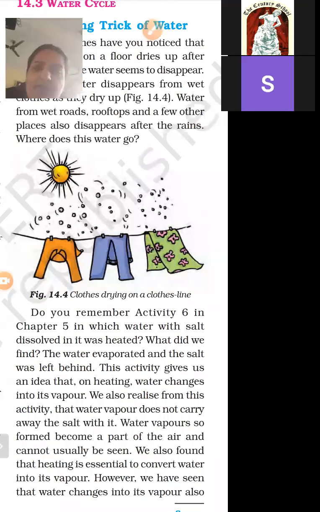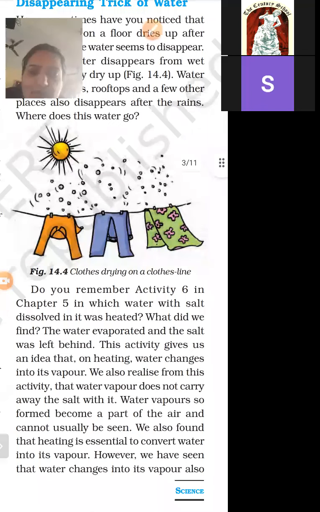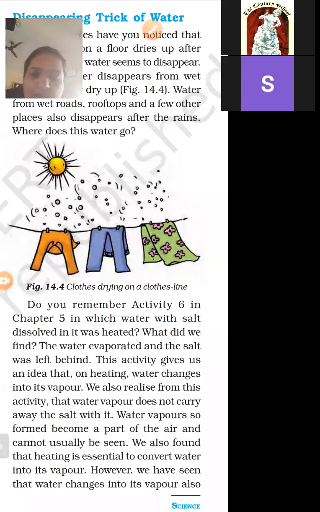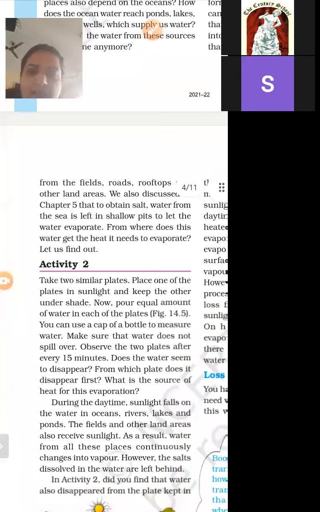Due to evaporation, the floor dries. Water is converting into water vapor. Also, water from the fields, roads, rooftops, and other land areas evaporates.